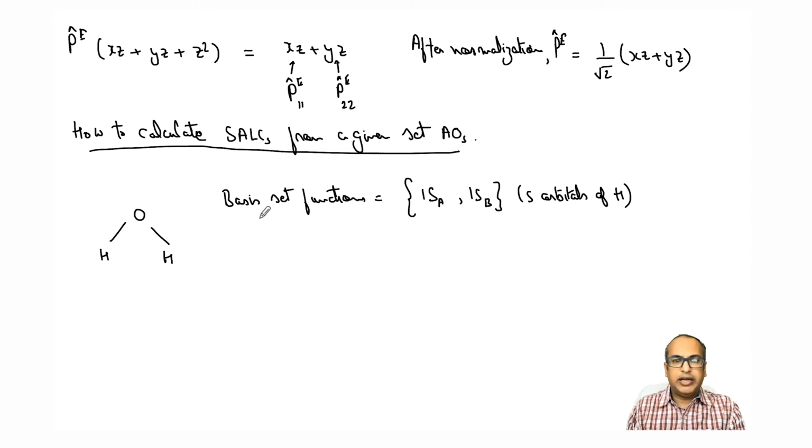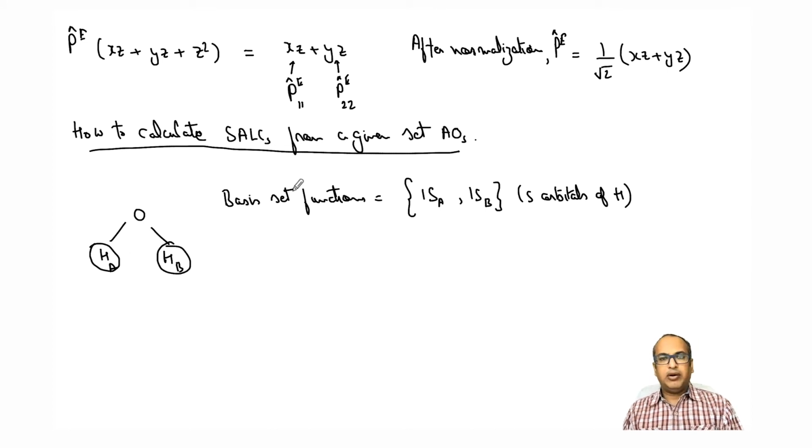Let's say this is A, this is B, and these are spherical in nature. These are now taken as the basis set, and we will try to combine them in an appropriate linear combination and see if, using the projection operator, we can obtain linear combinations which are symmetry adapted. What do I mean by symmetry adapted? That they are a basis of a certain irreducible representation of the C2V point group, which is the water point group, right?